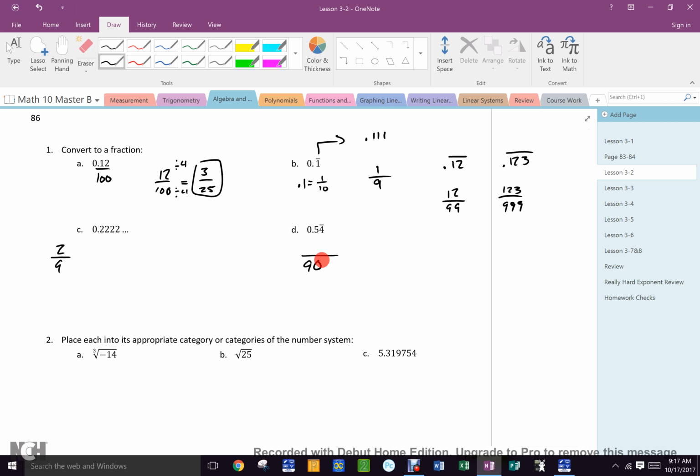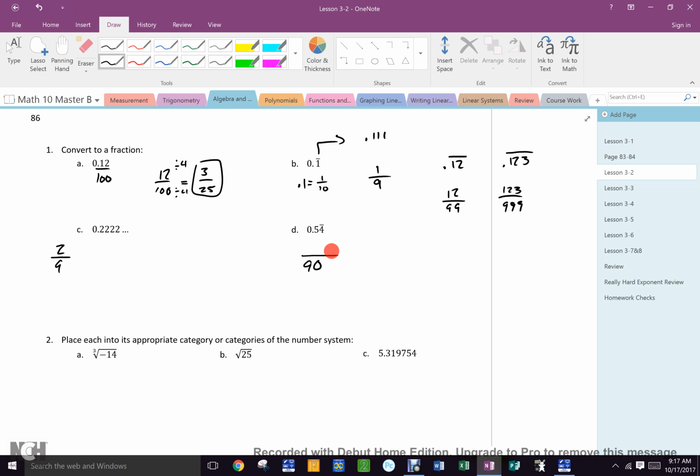Now, how do we do the top? If it was 5, 4, it would just be 54, wouldn't it? But the 5 doesn't repeat, does it? The 4 repeats. So if you go to your calculator, you do 54 divided by 99, you get 0.545454. We knew that would happen based on what we've done, yes? But I don't want 0.545454. I want 0.5444, right?